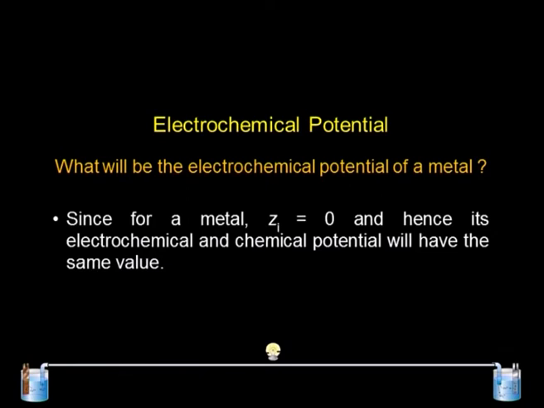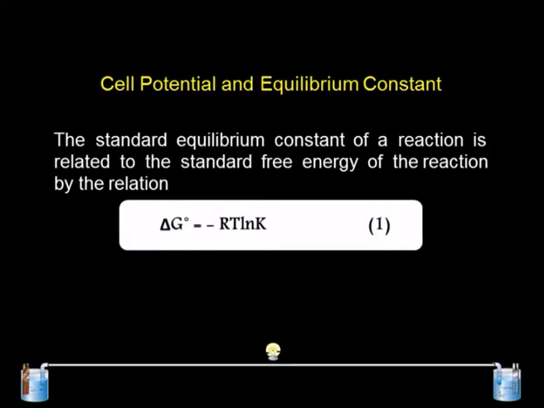The standard equilibrium constant of a reaction is related to the standard free energy of the reaction by the relation delta G zero is equal to minus RT ln K. Ln indicates that the log has been taken to the base of natural logarithm.